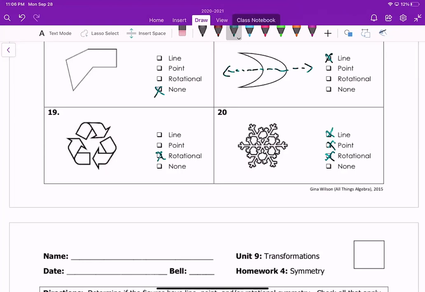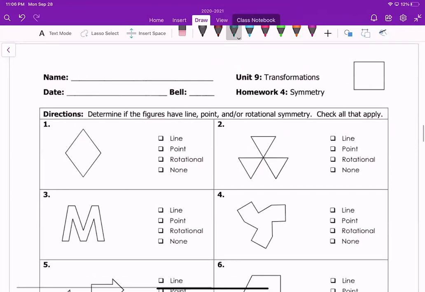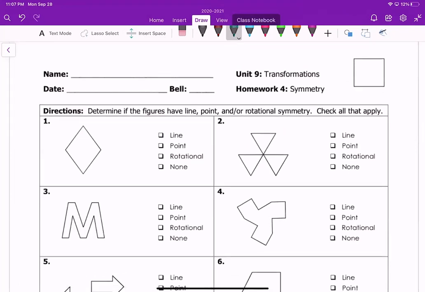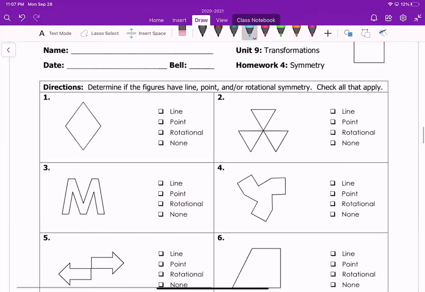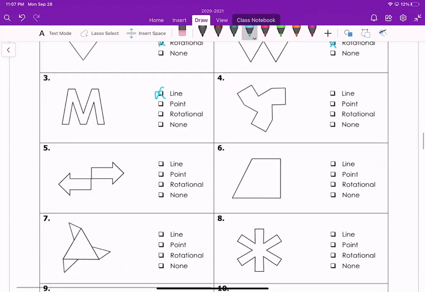And then I'll give you the key. That way you could use it. Easy homework, guys. Easy Friday homework. So we're gonna have line, point, rotation, line and rotation. We have a line here, rotational here.